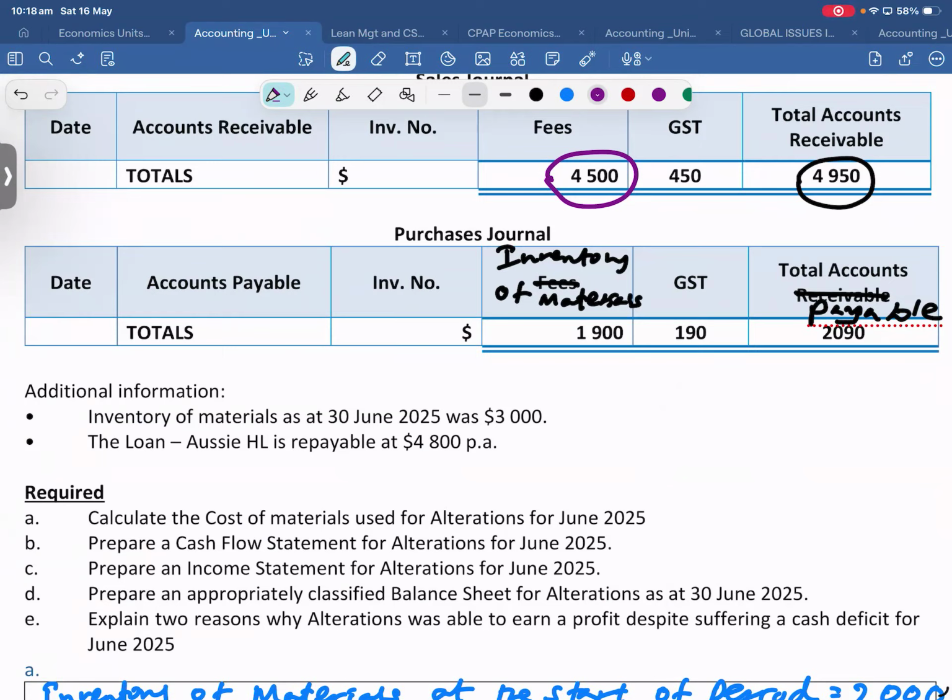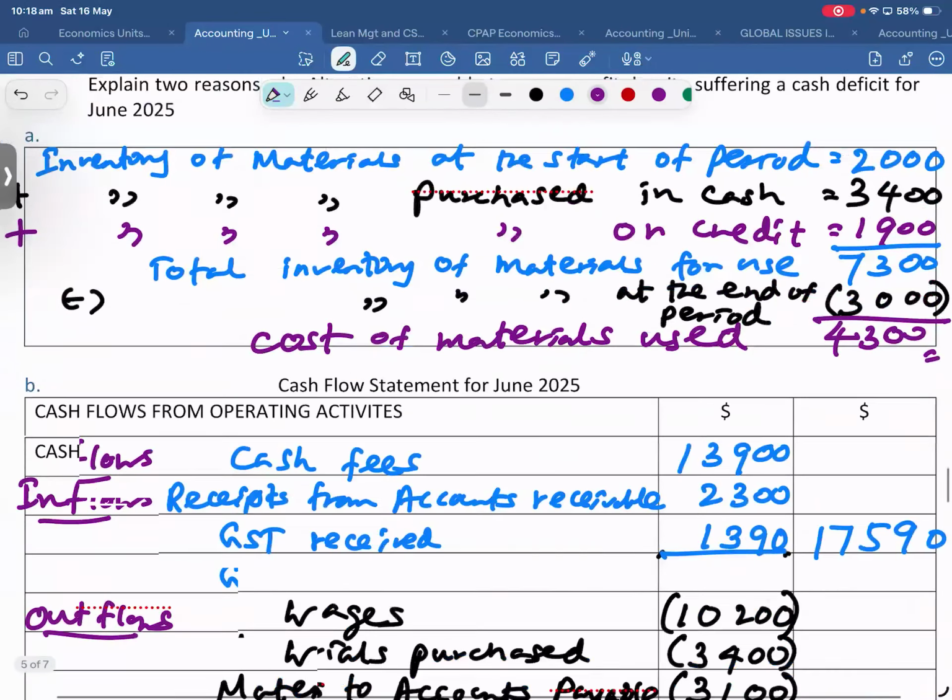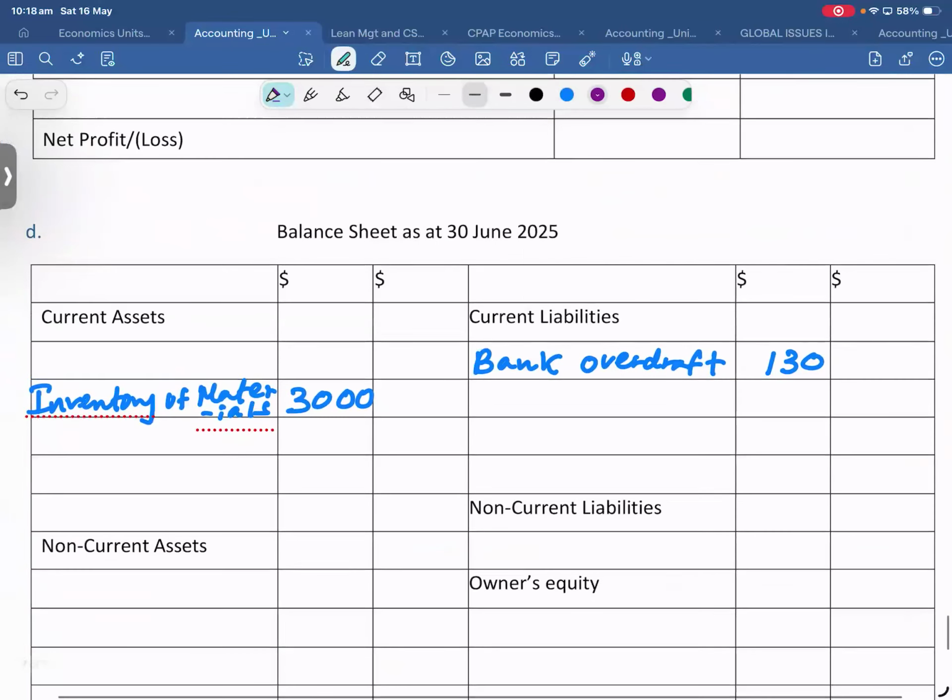Yes, so at 4,800, it is a current liability. So we are going to say loan, 4,800. Since it's due, wouldn't you do 400 only?